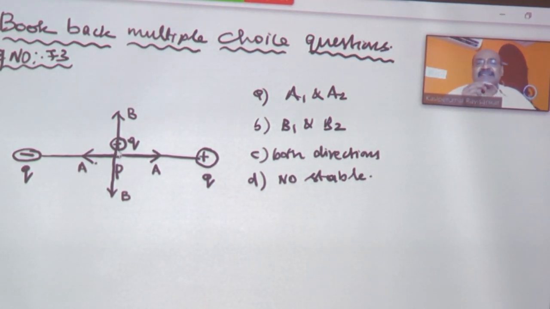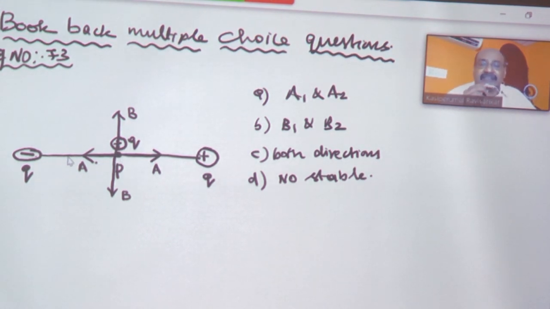When you consider this positive charge, it will get affected either by the negative charge or the positive charge. So, if this positive charge is moved along the axial line, it will get affected and so it won't be stable. But it is not the case when it is moved along the equatorial line or along the equatorial plane.